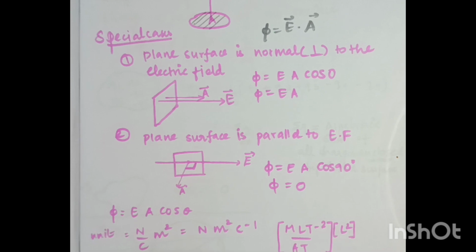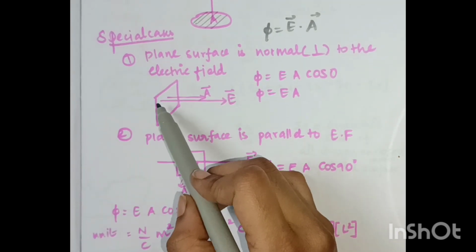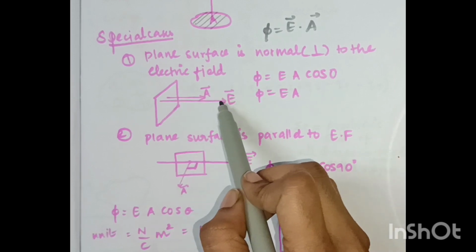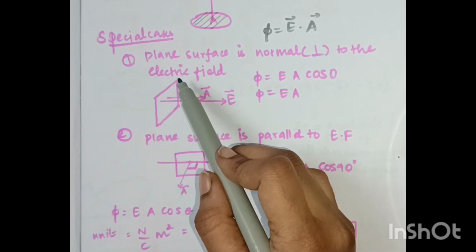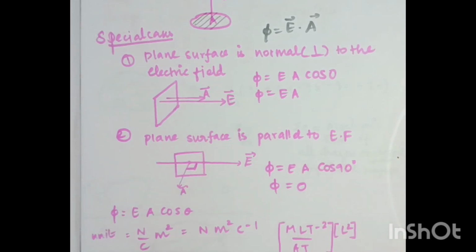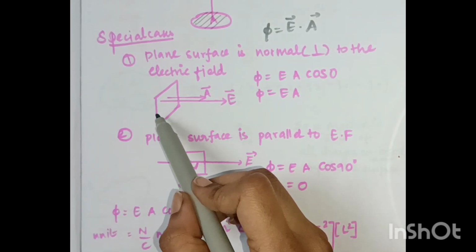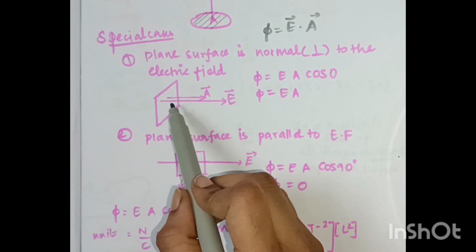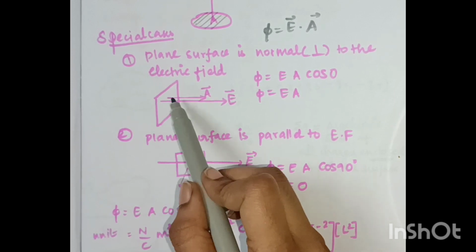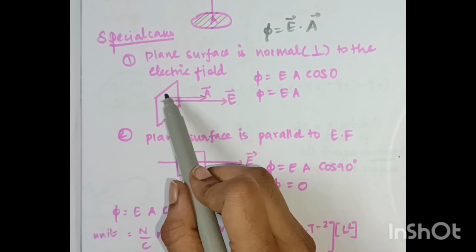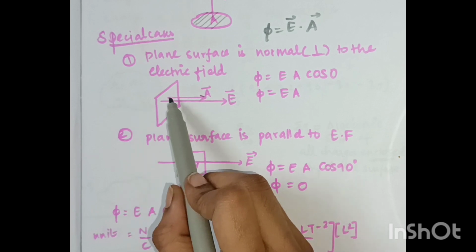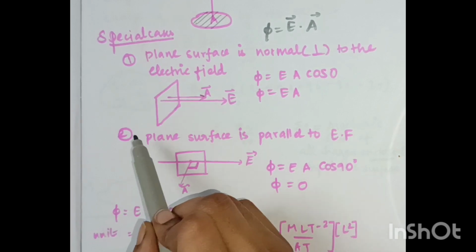First case: the plane surface is normal to the electric field. Our electric field is like this and the plane surface is perpendicular to it. What is the direction of the area vector? It is perpendicular to the plane, so it will be like this. It is outward, so it may be in this direction or that direction. Here we can take it in this direction itself.